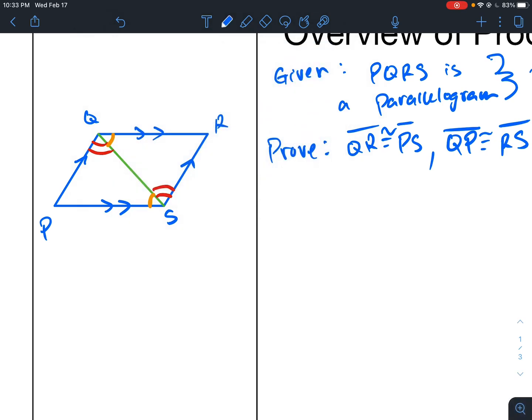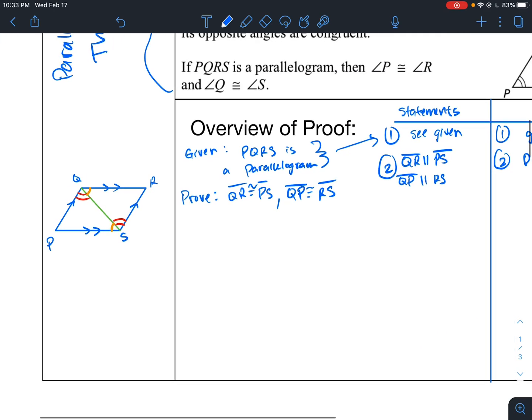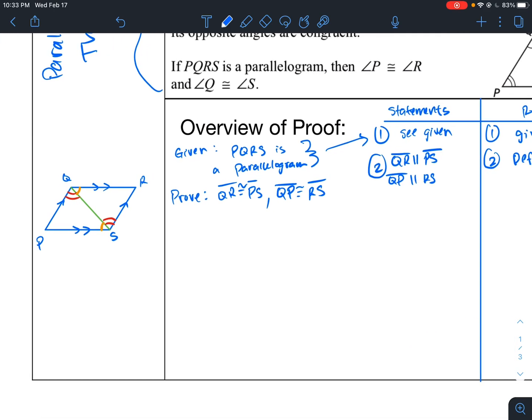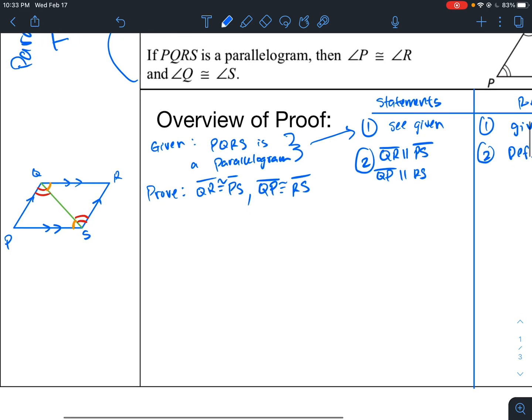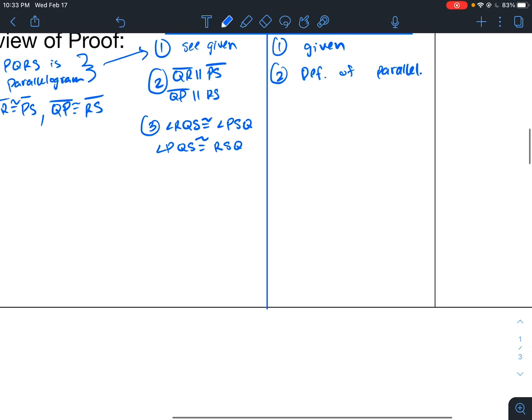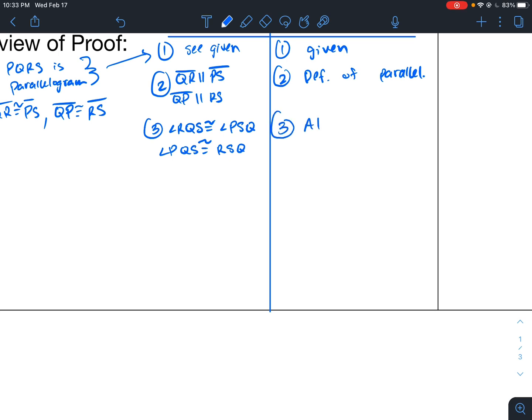Okay, so let's write that down. So for step 3, angle RQS is congruent with angle PSQ, and angle PQS is congruent with angle RSQ. And I know this because these are alternate interior angles.